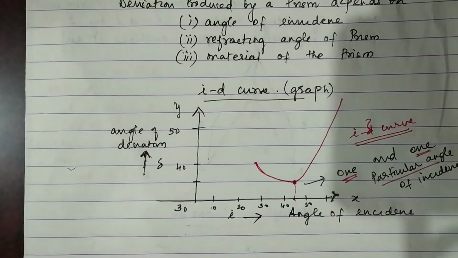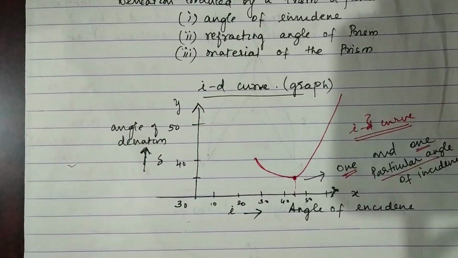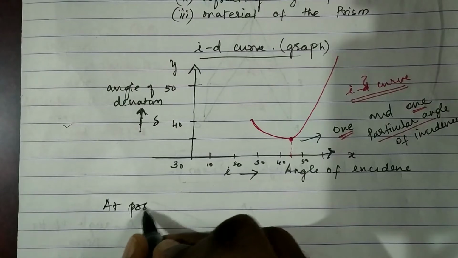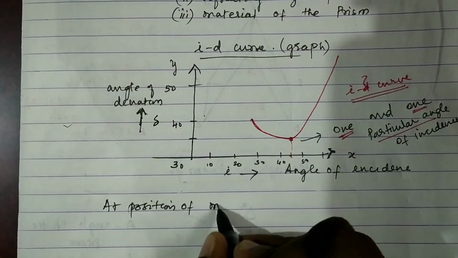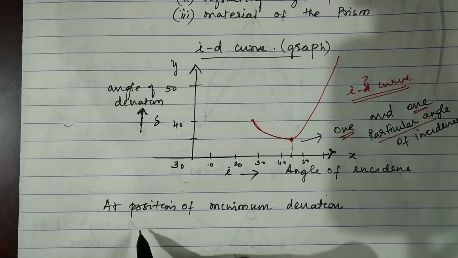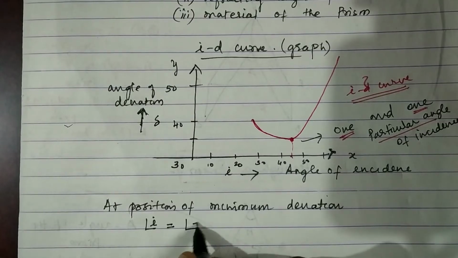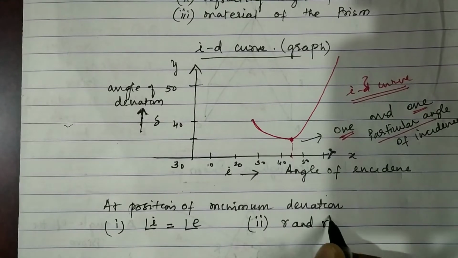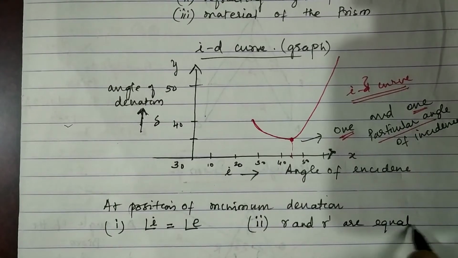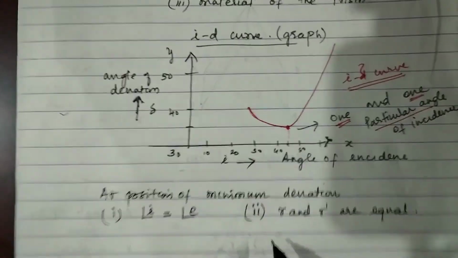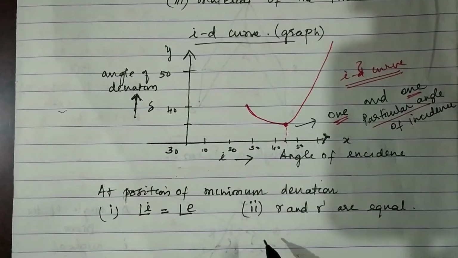First, at the position of minimum deviation, the angle of incidence will be equal to the angle of emergence, and the base angles, R and R dash, are equal, and the refracted ray through the prism will be parallel to the base.